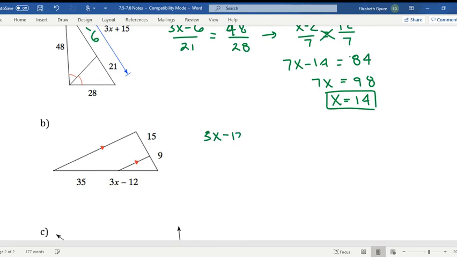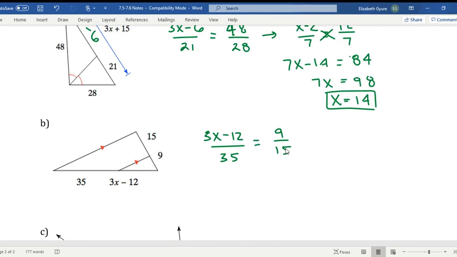So 3x minus 12 to 35 equals 9 to 15. And again, you could reduce your fraction if you wanted to. We cannot reduce the left-hand side, but you could reduce the 9 over 15 if you don't want to have to distribute a 15.